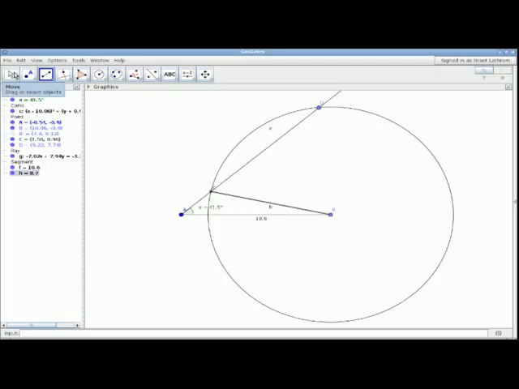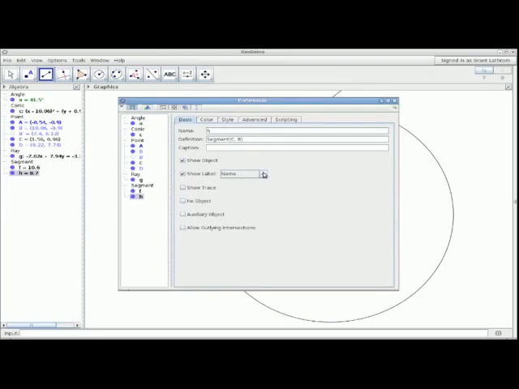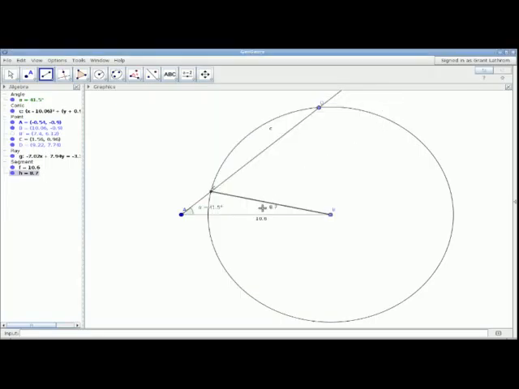With our one possible triangle, we'll say that side H, let's turn it on, see how long it's going to be. So we look at the value of that. And sure enough, it has length 8.7.